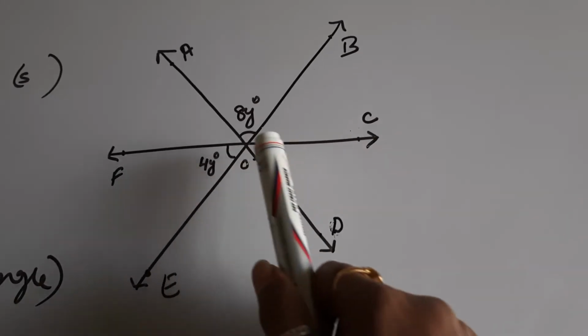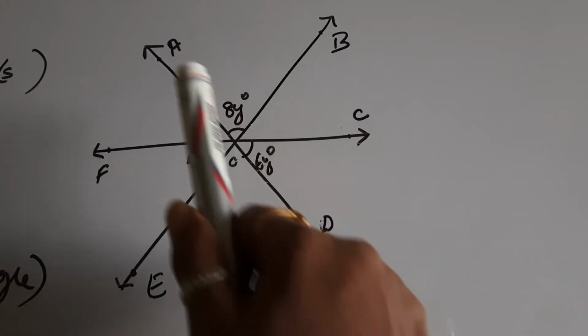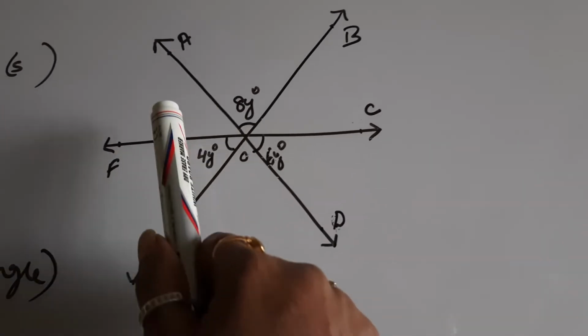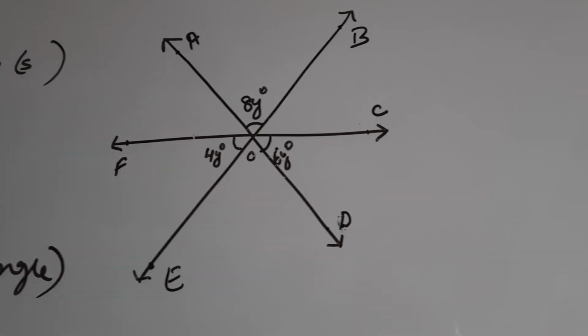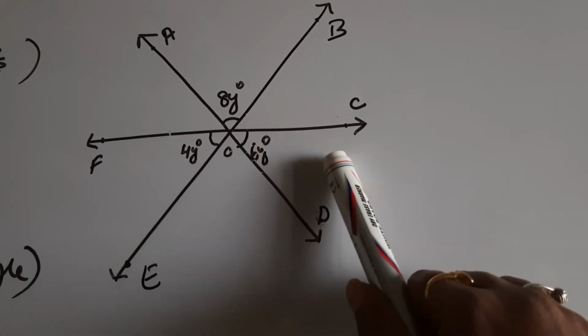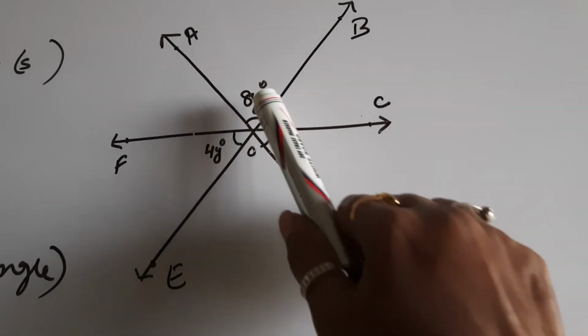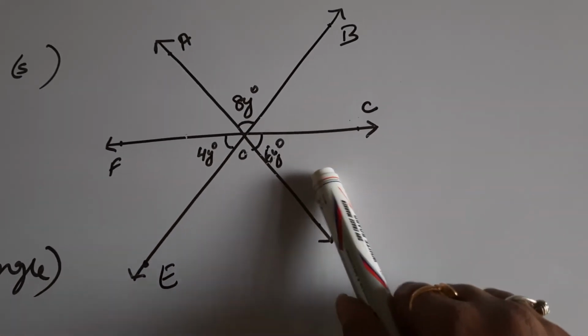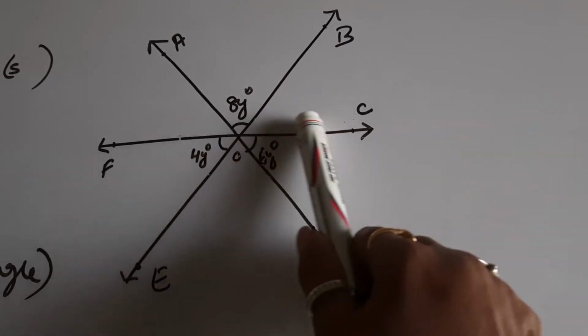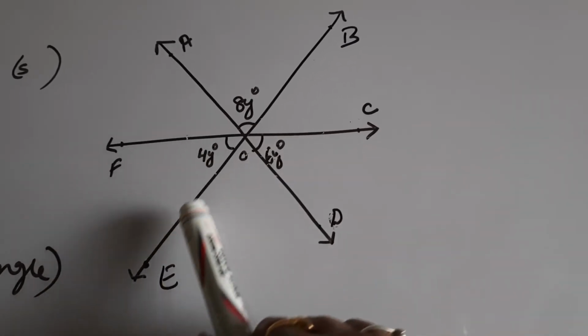Angle COD is vertically opposite to AOF. So this is 6y, this also will be 6y. Okay. So how will we find out first? So we take this side, okay, as 2 angles we already know. And the other angle, that is BOC, is equal to 4y degree because it is vertically opposite to FOE.